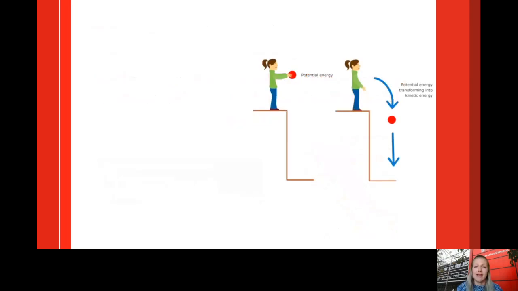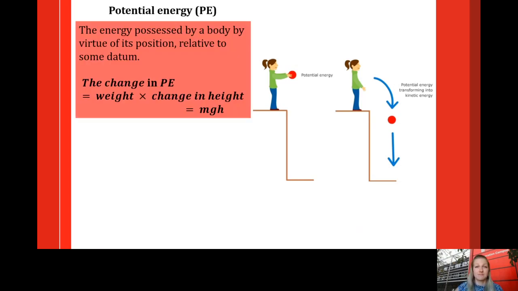So when we're looking at energy, we want to look at two types of energy in this session. The first one being potential energy. Now, potential energy is the energy possessed by that particular body relative to a datum, so a set point.